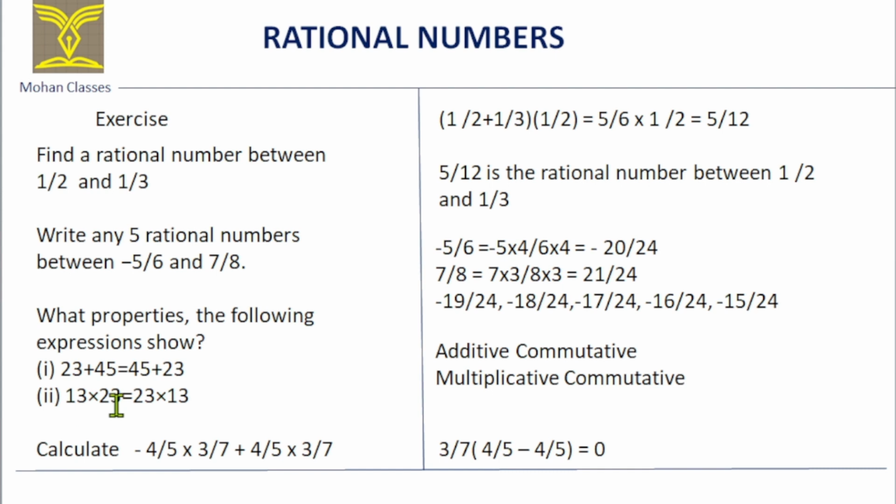A into B is equal to B into A. Here multiplicative commutative property. So calculate minus 4 by 5 into 3 by 7 plus 4 by 5 into 3 by 7. So we can take 3 by 7 common. So minus 4 by 5 plus 4 by 5, 0.